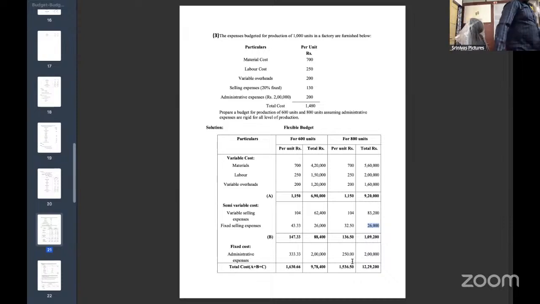So it means what? Whatever the 26,000 is there, that amount is completely constant and it will not be changed. Whatever the total cost is there, we are going to divide it into number of units. So generally, when the number of units increase, the per unit cost decreases.